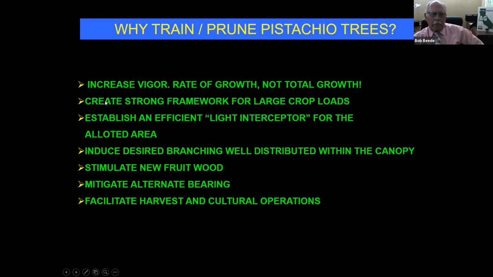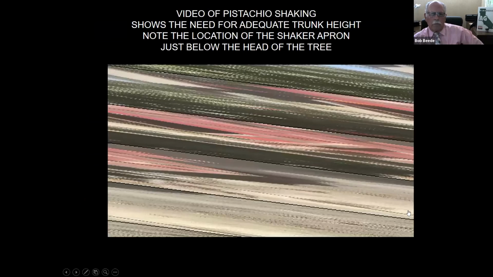We're farming an acre of light, as Craig pointed out. We want to create a strong framework for large crop loads, this light interceptor concept. We want to induce desired branching where we need it. We want to stimulate new fruit wood. Pruning can also mitigate alternate bearing, which Louise will be talking about. And very important is to facilitate harvest and cultural operations.